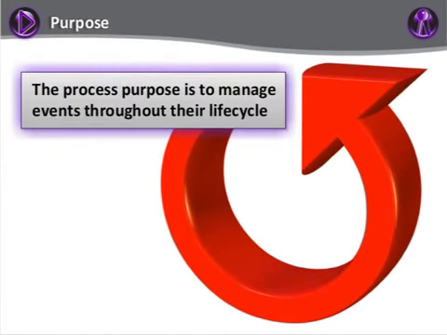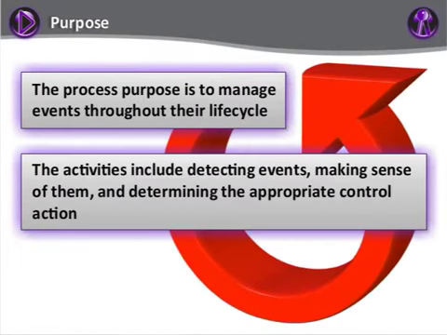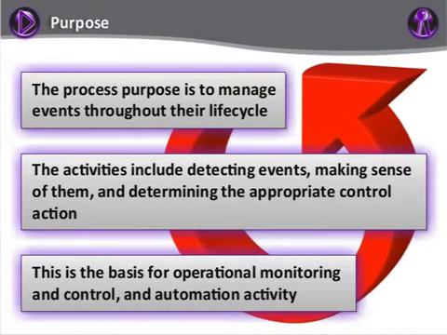The purpose of event management is to manage events throughout their life cycle. This includes detecting events, making sense of them, and determining the correct control action. The process forms the basis for operational monitoring and control. The information generated can be used for automating routine operational management activities, for example, executing scripts on remote devices, submitting jobs for processing, or load balancing.